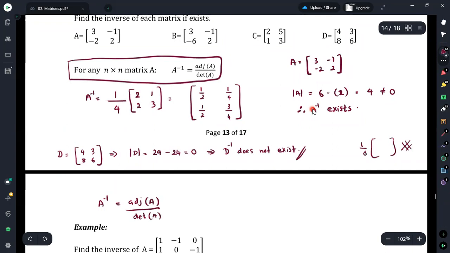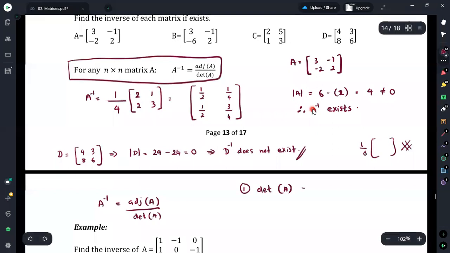So first we need to obtain the adjoint matrix, and then divide it by the determinant. Therefore, when we are going to obtain the inverse of a matrix, the first thing we obtain is the determinant of the matrix.